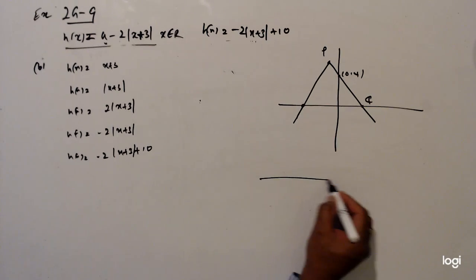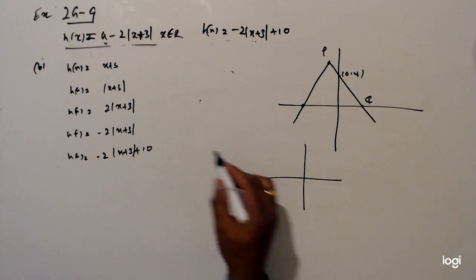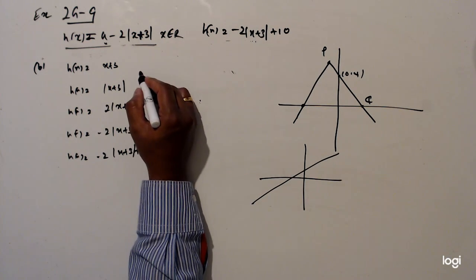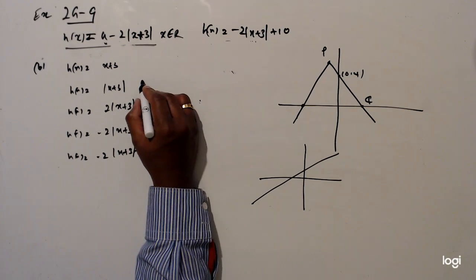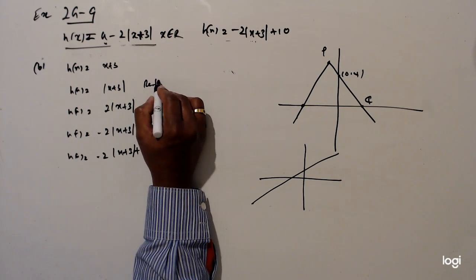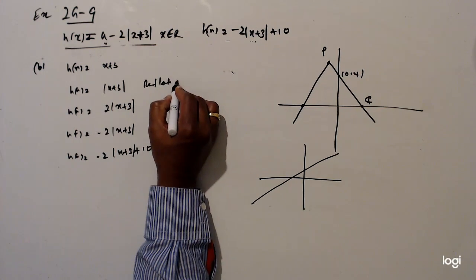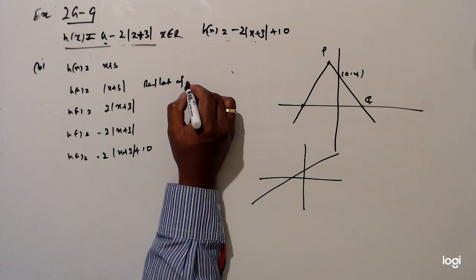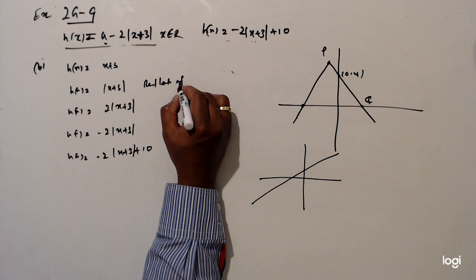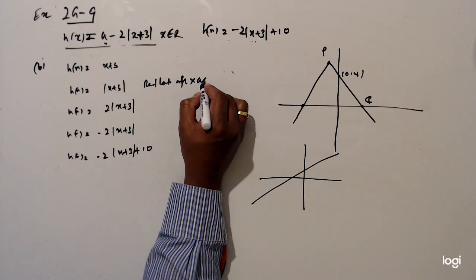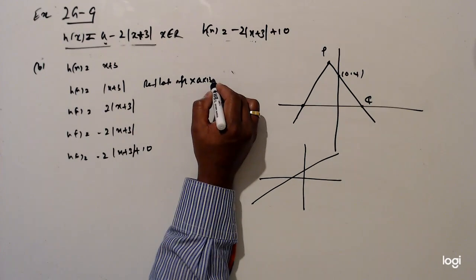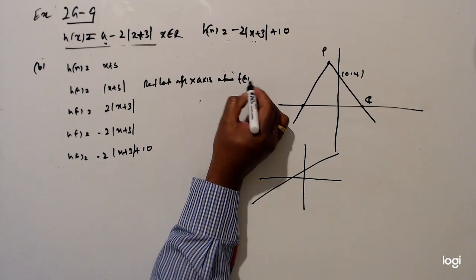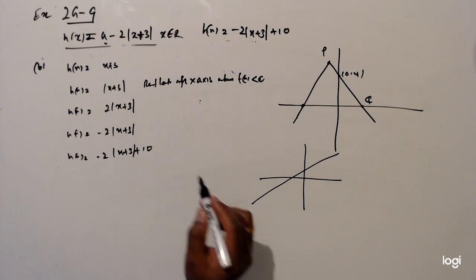reflection. So we have the y equal mod x plus 3 graph. So we can tell that the reflection of the f axis on the x axis where fx is greater than 0.